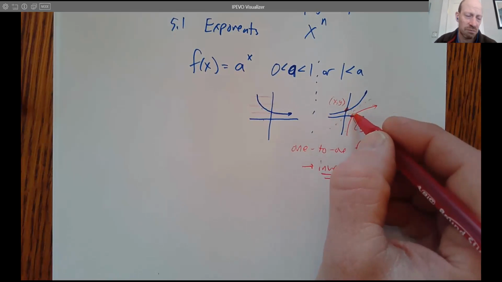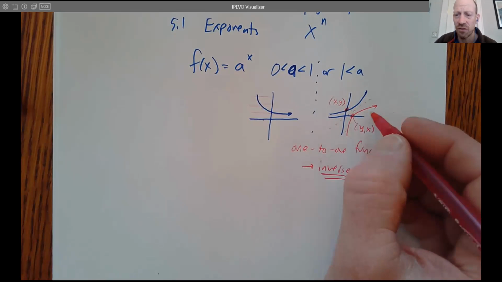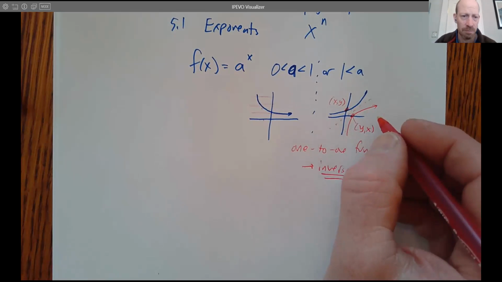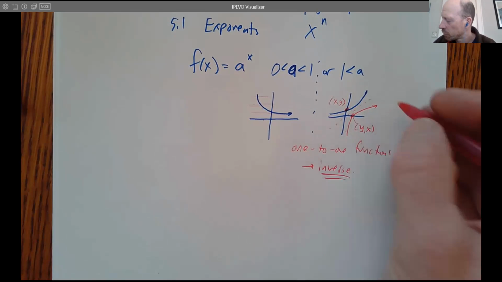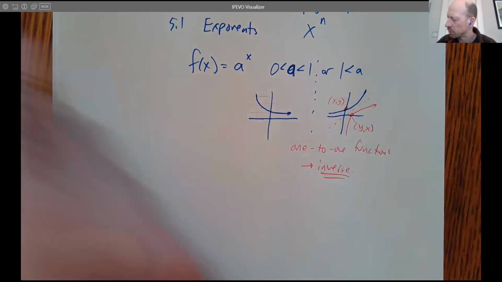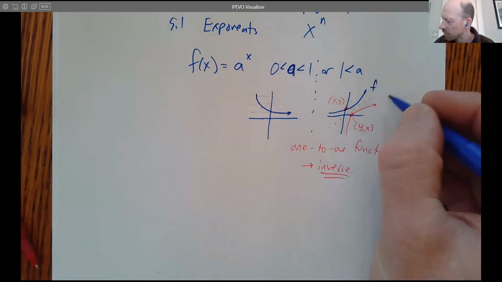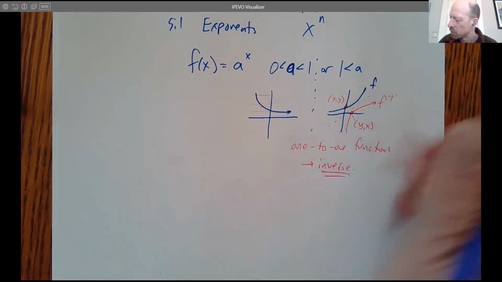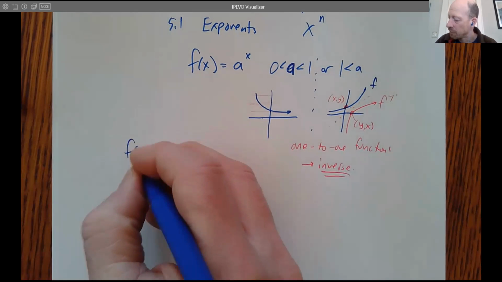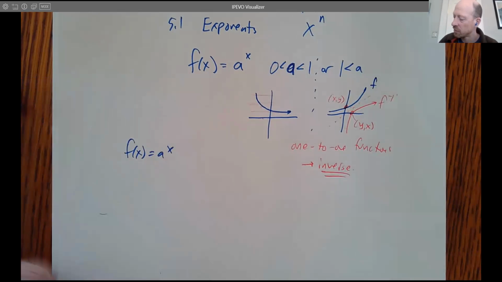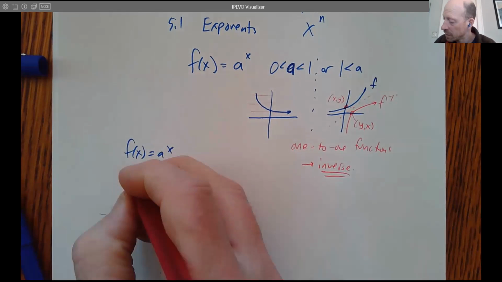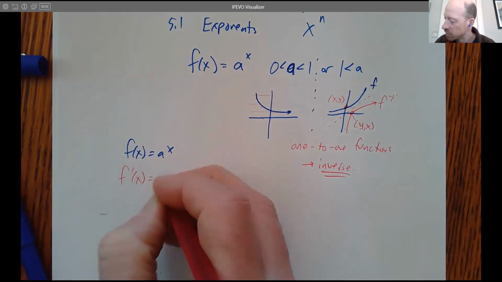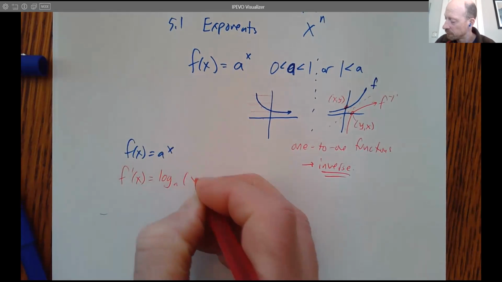And this function needs a name because it's an inverse, and so we're going to call it the logarithm. So if this is f, then this is f inverse. If f of x equals a to the x, then f inverse is going to be the log base a of x.